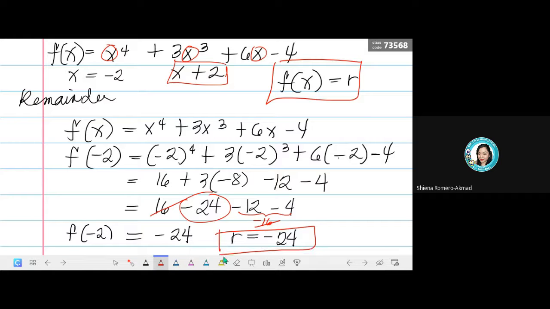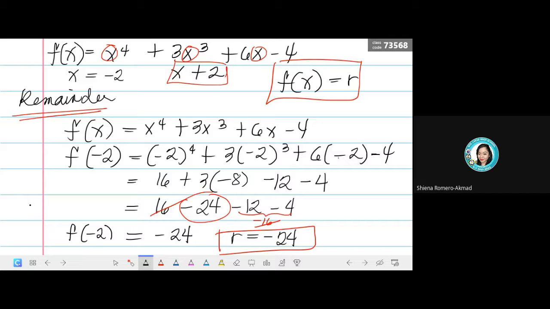So, kapag remainder lang ang hinahanap, pwede nyo na itong gawin. Okay? So, ano yung kailangan nyong tandaan? Kapag nag-substitute kayo ng variable x dun sa function na meron tayo, you'll have the remainder.